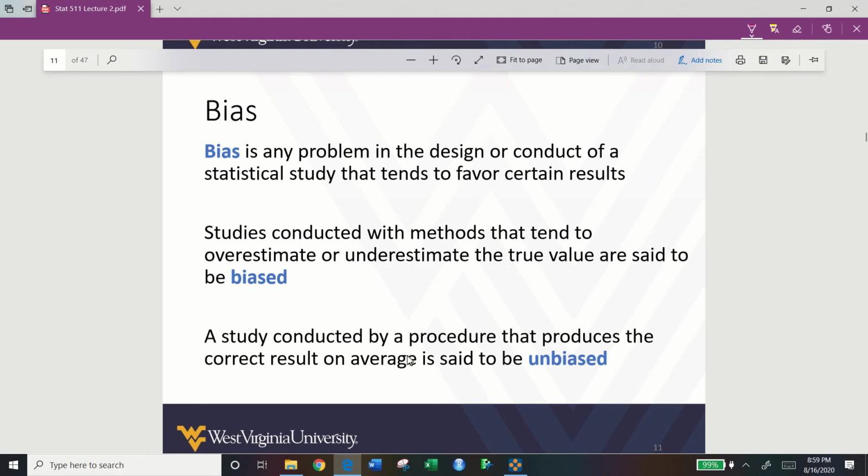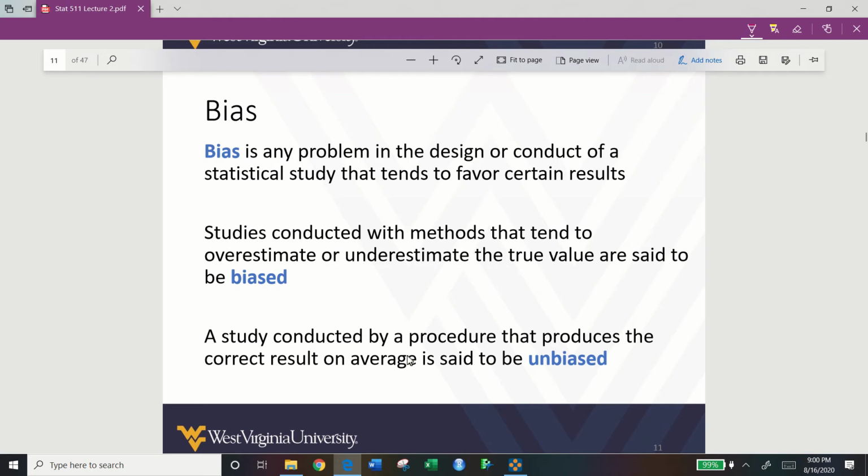You often hear in the news when you're hearing about politics, you hear the word biased thrown around. And this is sometimes a result of the information that you are hearing from.